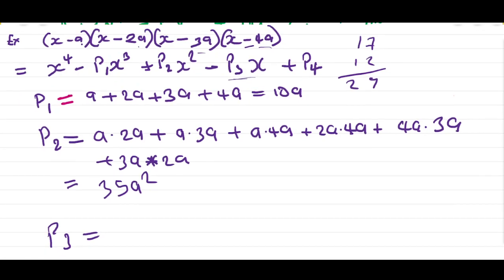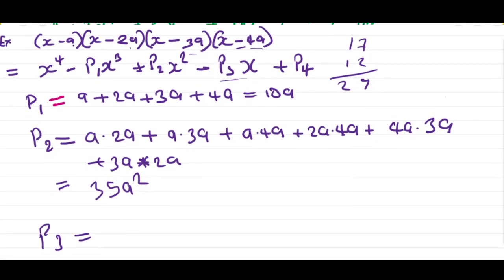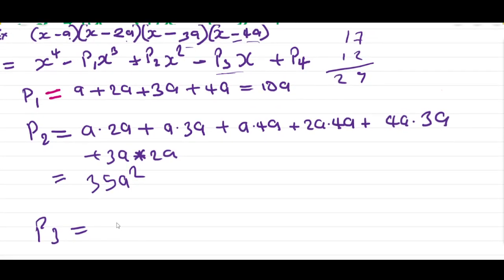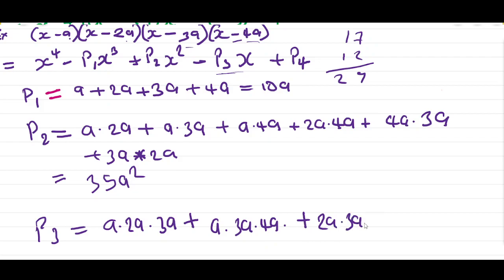So yeah, the P3 part here would be a multiplying 2a multiplying 3a, then plus probably a multiply 3a and multiply 4a. Then we'll be having a, 2a, 3a, 4a, and then 4a, 2a, 4a.